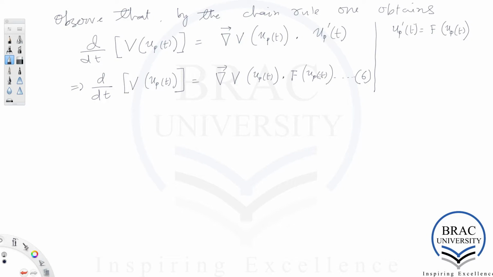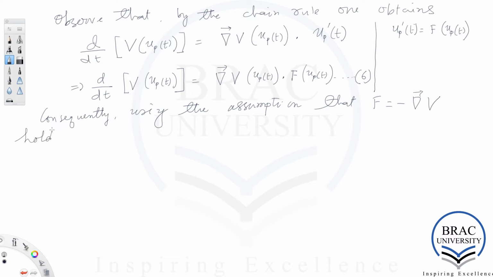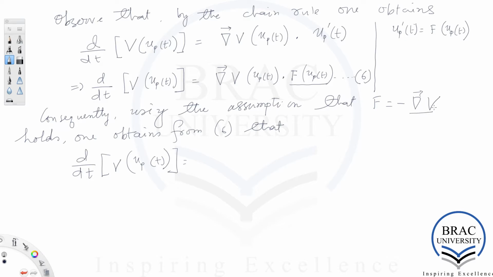Consequently, using the assumption that f is conservative, one obtains from 6 that d dt v evaluated at up of t is going to be, so just replace this guy with negative gradient of v, and then you have negative the norm of this vector, right?